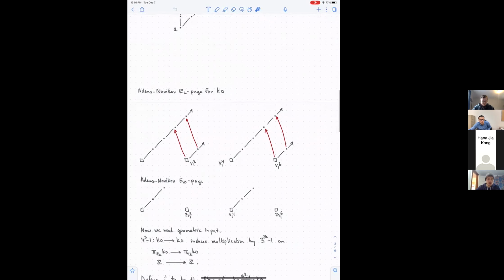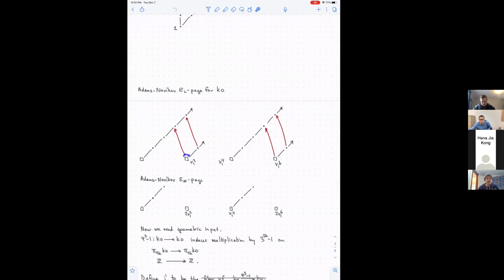All right, well, let's look at what happens with these differentials. So there's a copy of Z here, and there's a copy of Z mod 2 here. So the Z maps onto the Z mod 2. So the Z mod 2 is wiped out. But notice that 2V1 squared survives. V1 squared hits H1 cubed, but 2V1 squared maps to 0. 2V1 squared is a cycle.